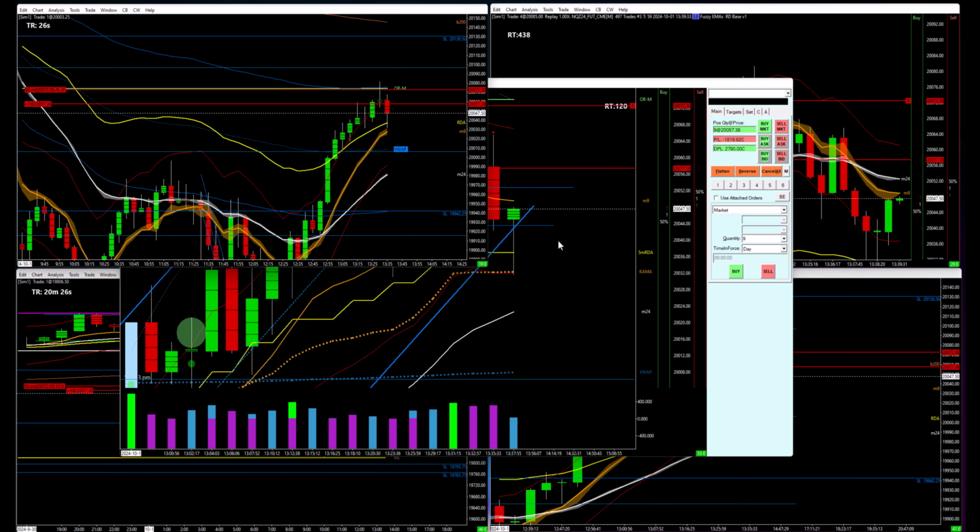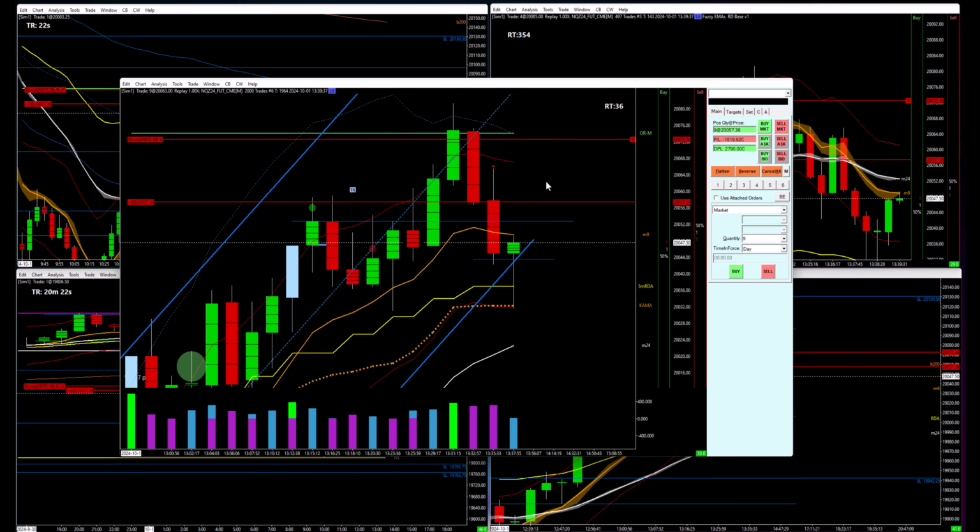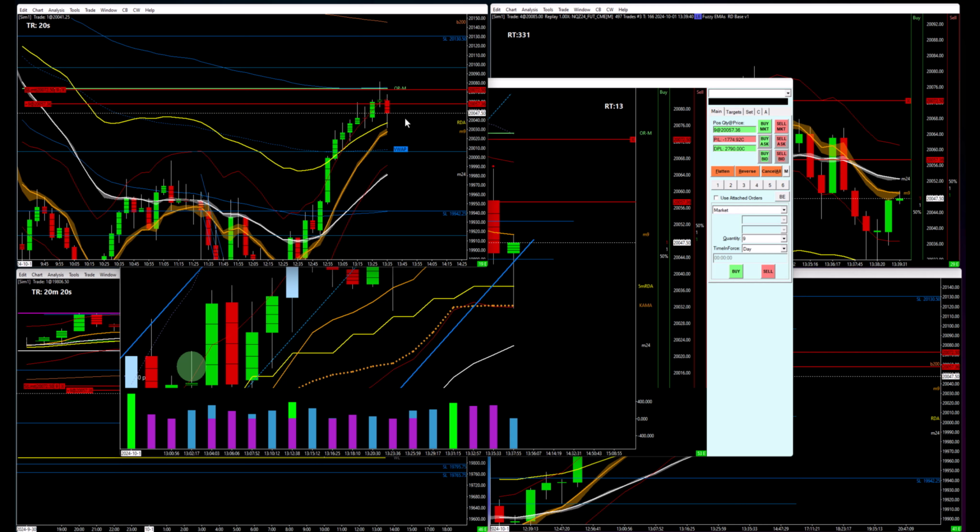We're going to believe that this level here is a pullback and a test from above on this chart here. And then we got more upside.